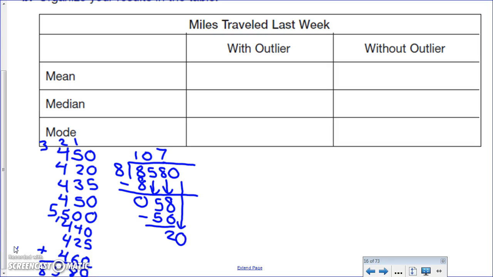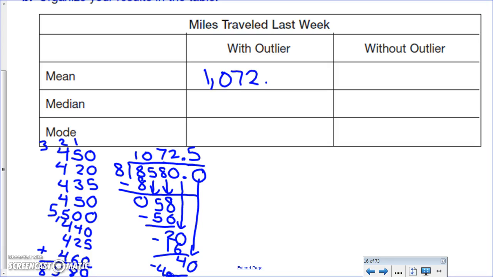Bring down the 0. 8 goes into 20 twice. Then we're going to add a decimal point and another 0 so we can get a complete answer. Bring the 0 down. 8 goes into 40 5 times. So our mean with the outlier is 1,072 and 5/10.